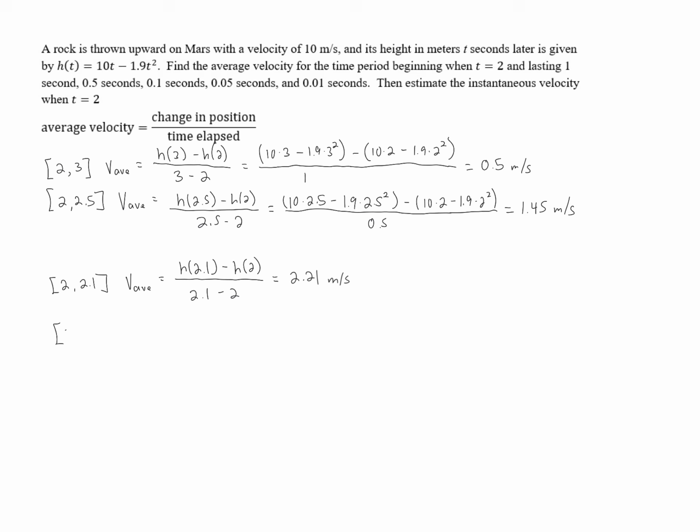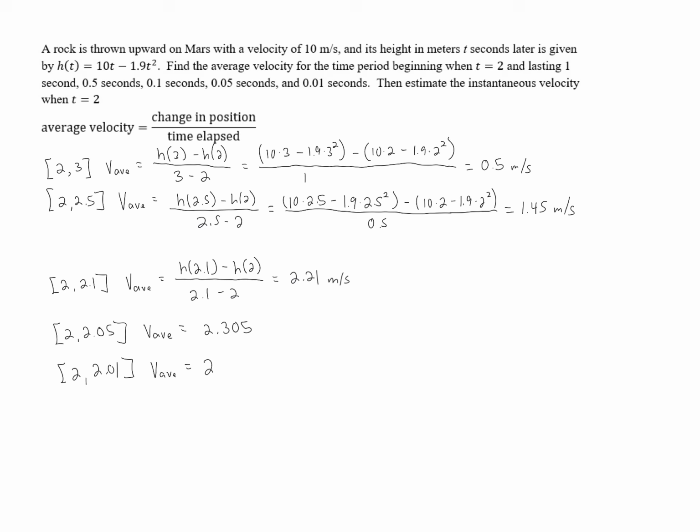If we go from 2 to 2.05 and we use a calculator, we get 2.305. And if we do from 2 to 2.01, again, we plug everything into a calculator.